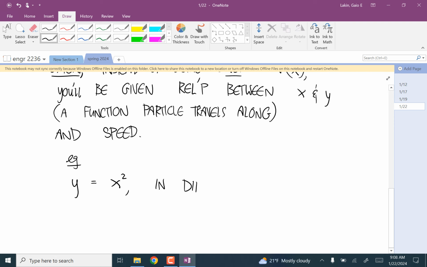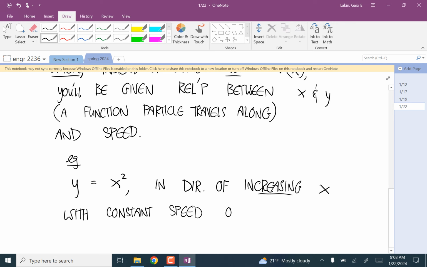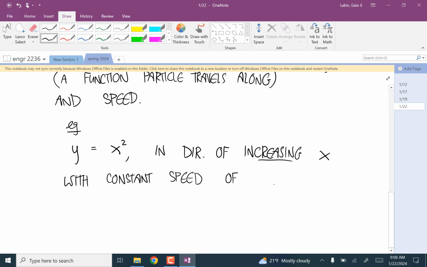So let's say it's in the direction of increasing x. And for now, let's say that it has a constant speed of 10 meters per second.